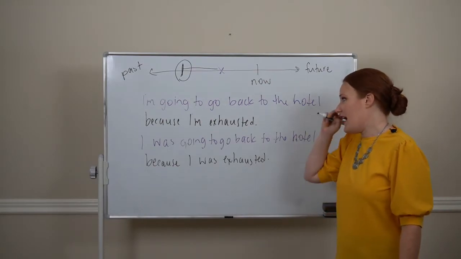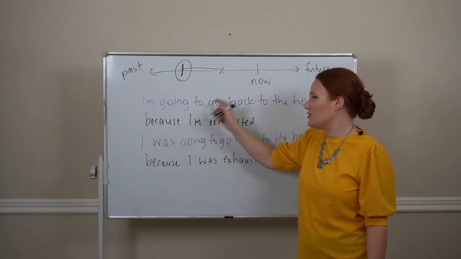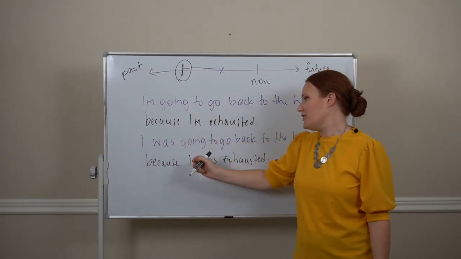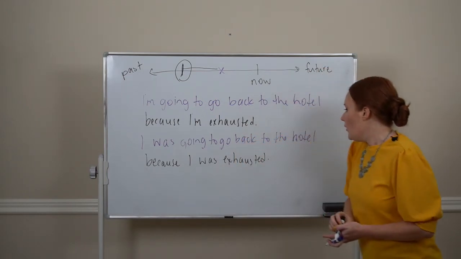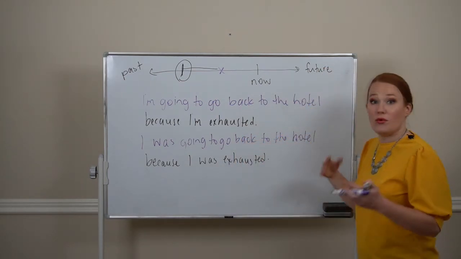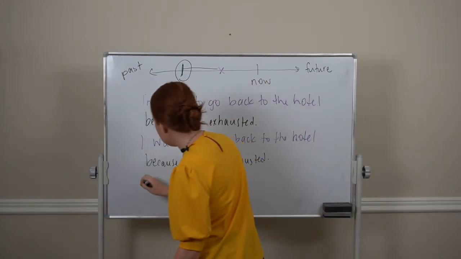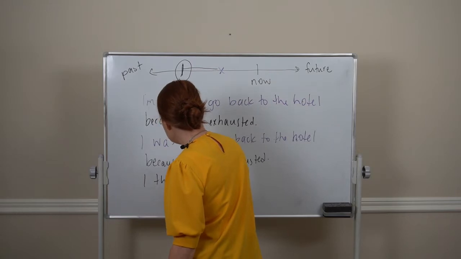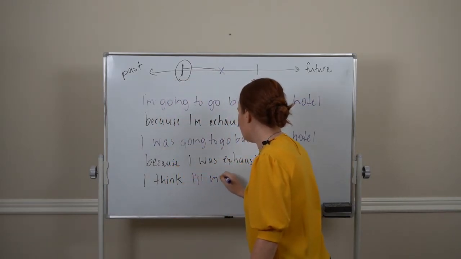So when we have future simple, I am going to go, we'll say I was going to go back, you were going to go back. If we have will, I think I'll mail a postcard.